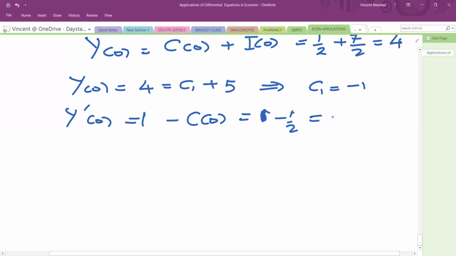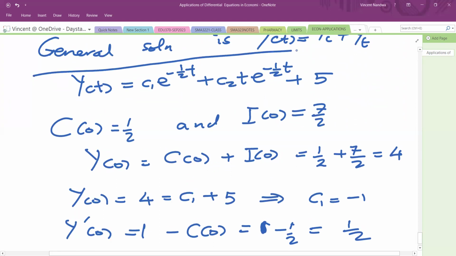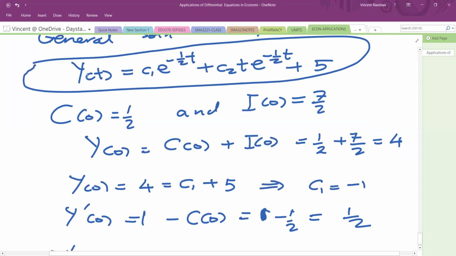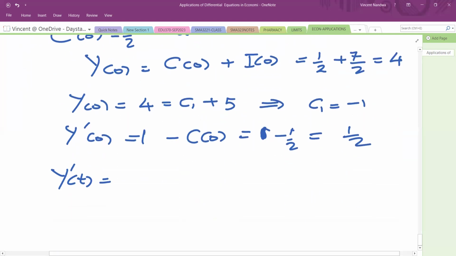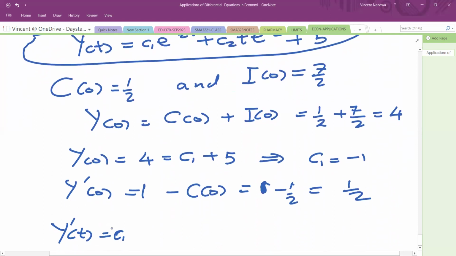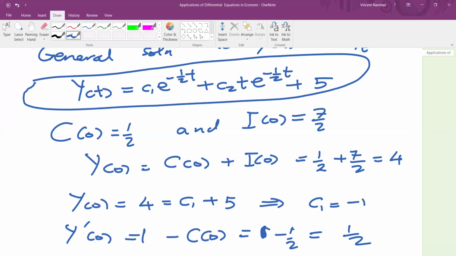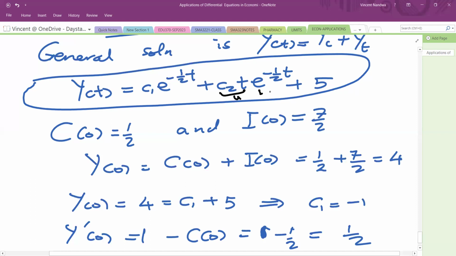Now we differentiate the solution y that we have obtained. y prime is given by negative C1 over 2 e raised to minus a half t, plus, for this part I will use the product rule, where we let C2t be u and the other part be v.